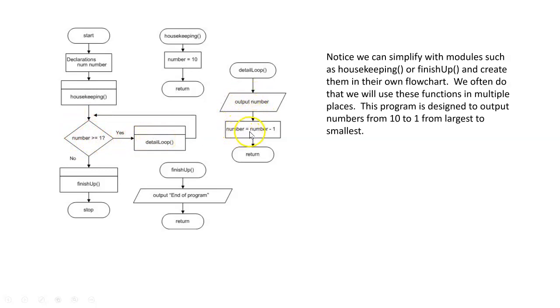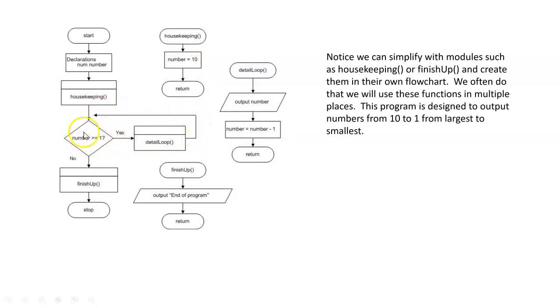The detail loop says output the number, so it prints 10 on the screen, and then says number equals number minus 1. So it takes away a value. Comes back up here. Is the number still greater than 1? So this program loops until that value of number is equal to or less than 1.